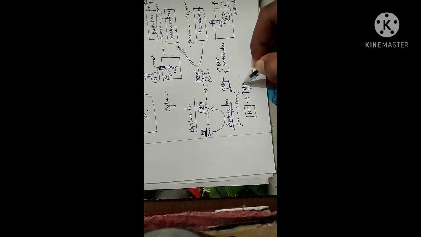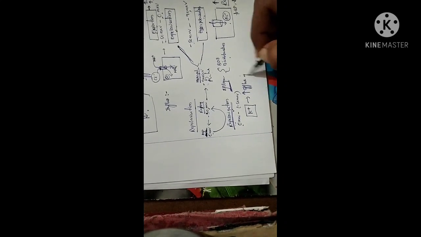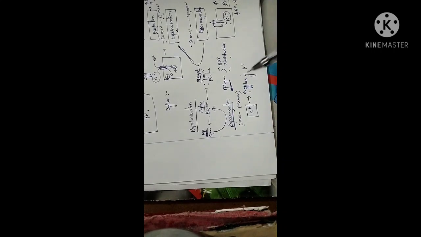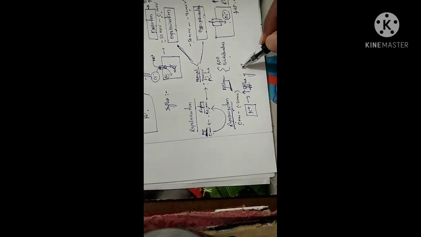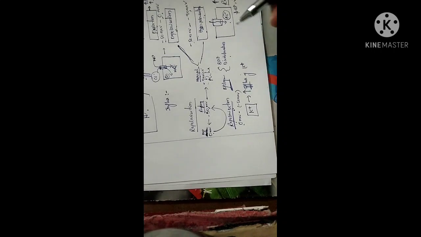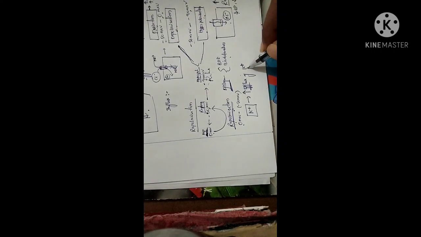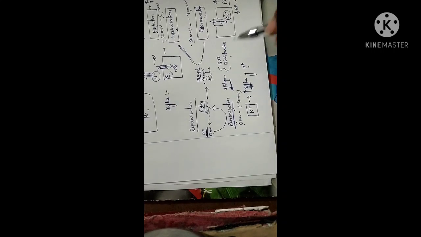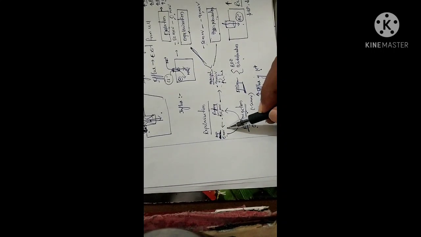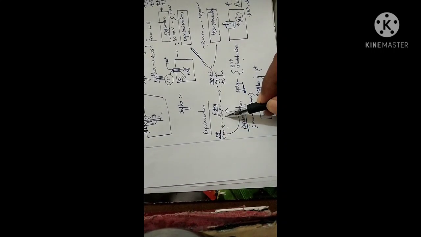In this condition, what will happen? There is an increase in efflux of potassium ions. Efflux of potassium ions is nothing but exit of potassium ions. Exit of potassium ions means a decrease in positive charge within the cell, so there will be an increase in negative charge.